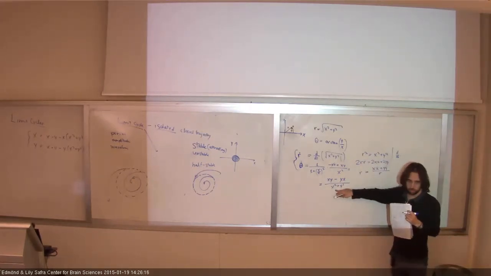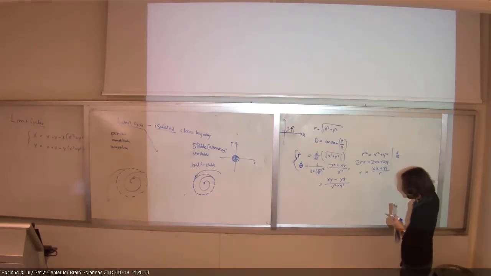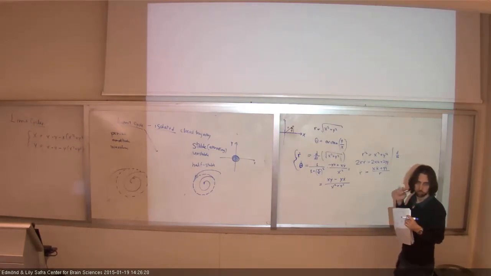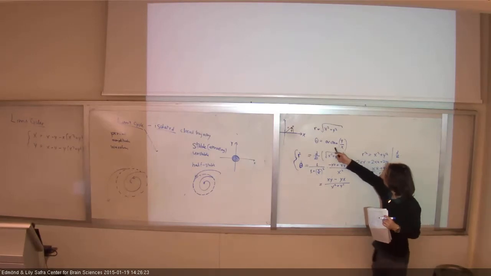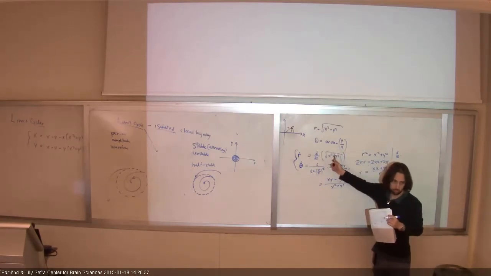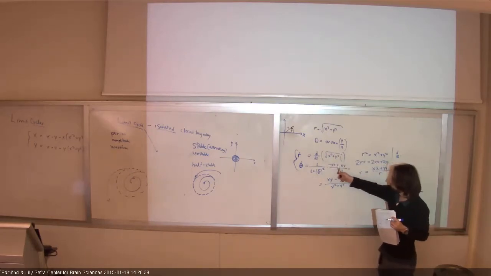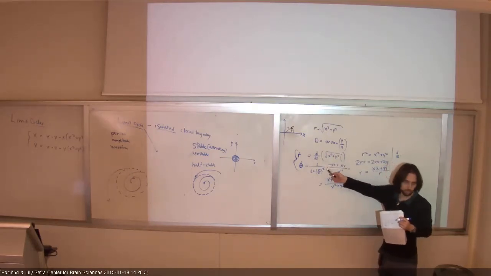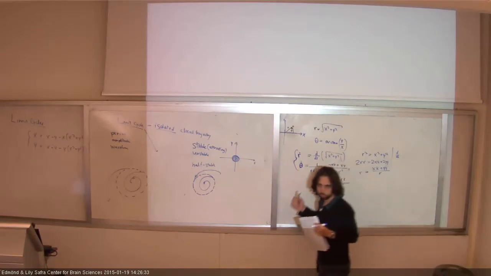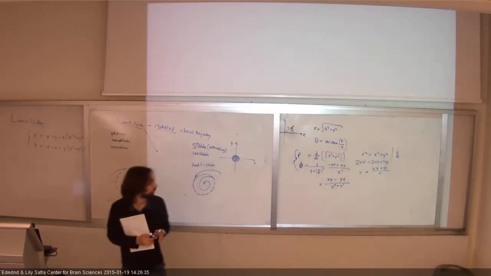And I could write r squared here, doesn't matter. What you did with theta is just substitute. I took the derivative of the arctangent, which is 1 over 1 plus the argument squared, and then I took the inner derivative of the quotient: f prime g minus f g prime over g squared.